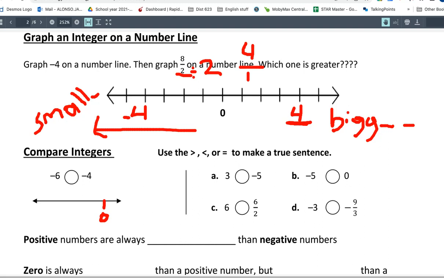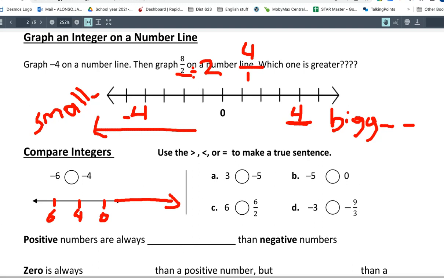I made the center of the line here because I wanted to make this line bigger actually. Okay, that makes more sense. So negative numbers are here. So let's say that the number 4 is gonna be here and number 6 is gonna be here. So this is 4, this is -4, and this is -6.